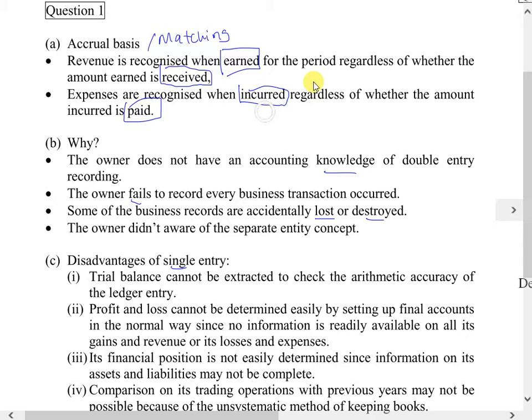Expenses are recognized when we incur them, not when we pay. Why is there incomplete records? Because the owner does not have knowledge of double entry and records wrongly, or because the owner failed to record, because some documents and records were lost or destroyed. Understand? That's why incomplete. Disadvantages of single entry: why is one side of an entry not correct? What are the disadvantages? 1, 2, 3, 4.